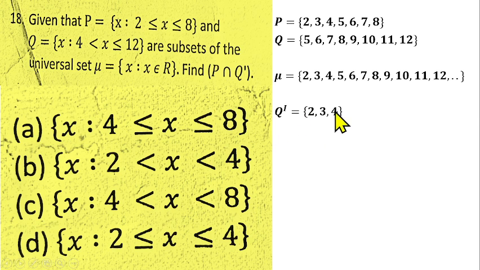Q complement will be the elements in the universal set that are not in Q, and that will be 2, 3, and 4. Then you will now find the intersection between P and Q complement. So that should also be 2, 3, and 4, which is the same thing as 2 less than or equal to x less than or equal to 4. So that should be option D for question number 18.